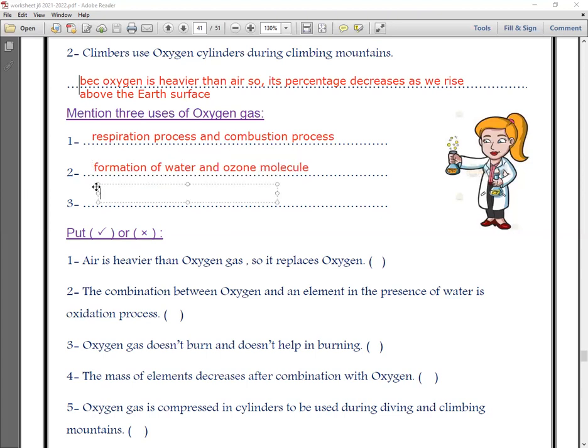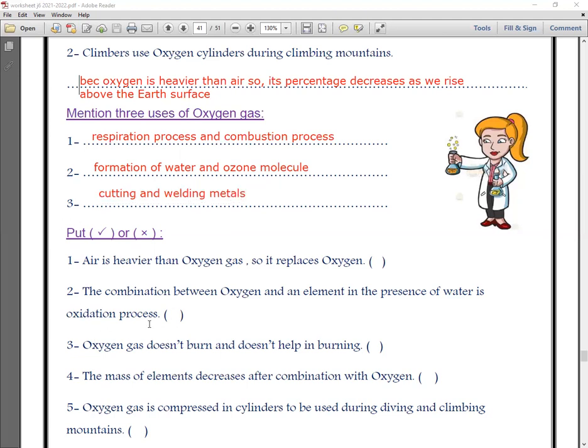Number 3, oxygen is used in cutting and welding metals.